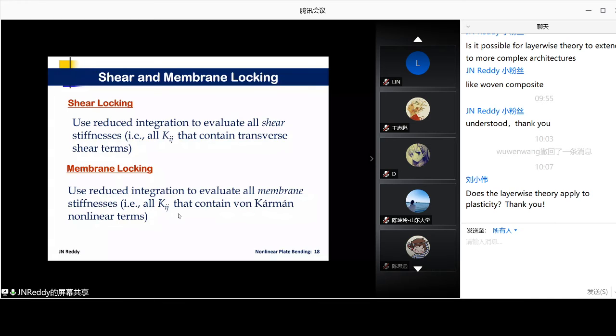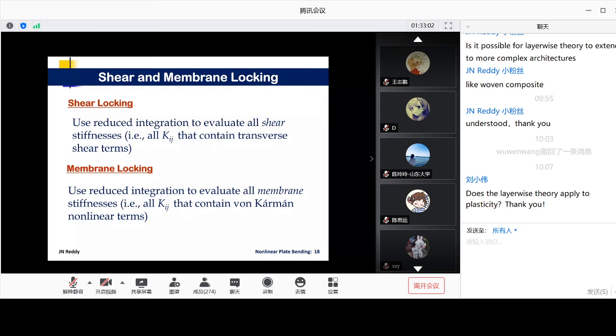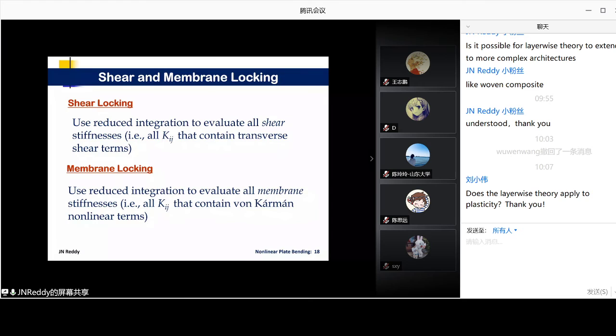So those two will eliminate the locking, and I explained a great deal in my books. These are largely due to the lower order approximations that we use. So these are nothing to do with the theory. It is the numerical approximations that we use that cause this problem.